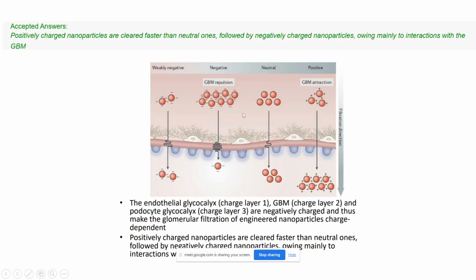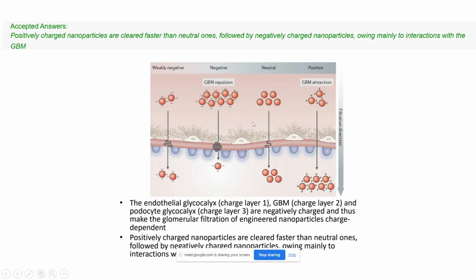So there are three layers of charges: the endothelial glycocalyx, that is charge layer 1, and then charge layer 2 with the glomerular basement membrane, and then podocyte glycocalyx, charge layer 3. All of these are negatively charged. So the positively charged particles interact with this and are quickly cleared away.